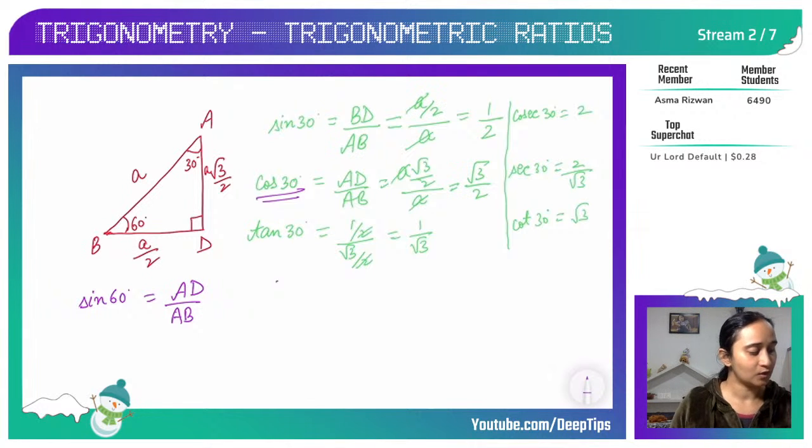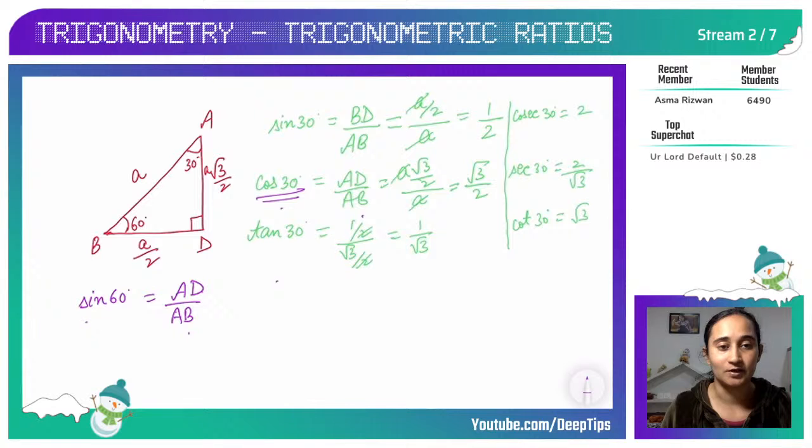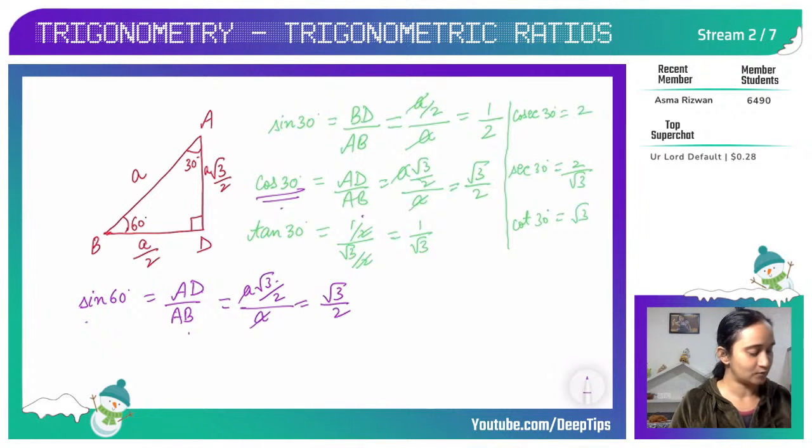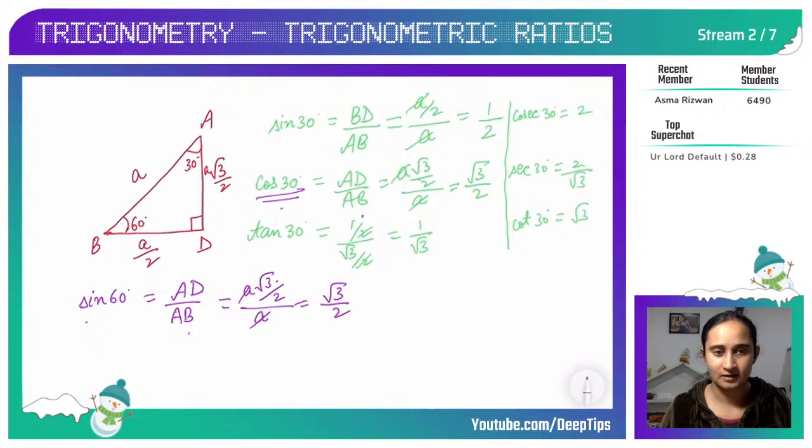So if you just look here, cos 30 is AD by AB and sine 60 is also AD by AB. Just observe this. I'll be coming on this tomorrow with more details. So now AD is A root 3 by 2 and AB is A. So I am getting the same values. That means sine 60 is equal to cos 30.